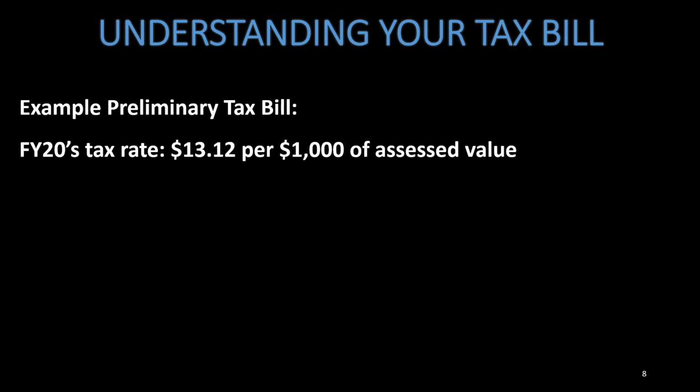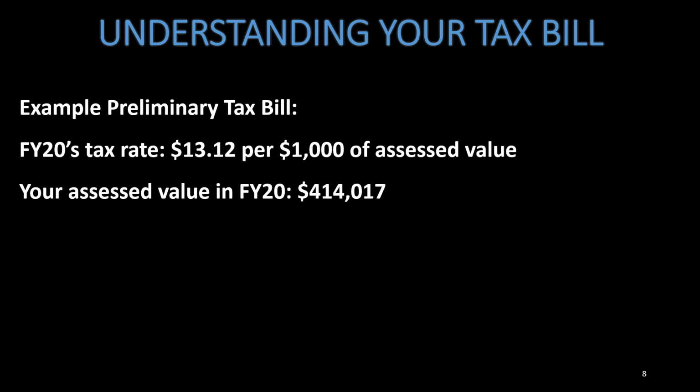In fiscal year 20, the tax rate was $13.12 per thousand of assessed value. For this example, we're also going to use the average single-family home's value in Rehoboth, what the Massachusetts Division of Local Services calculates the average single-family house being assessed at in Rehoboth. In fiscal year 20, that value was $414,017.